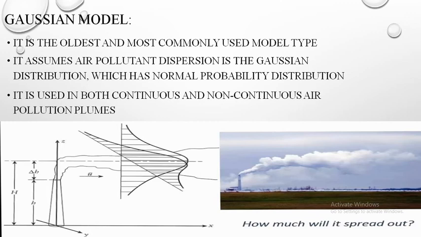Here, if molecular diffusion alone were causing the plume to mix with the surrounding air, the plume would spread slowly as a thin stick moving straight down the sky. Are you clear? Yeah, this is the Gaussian model.